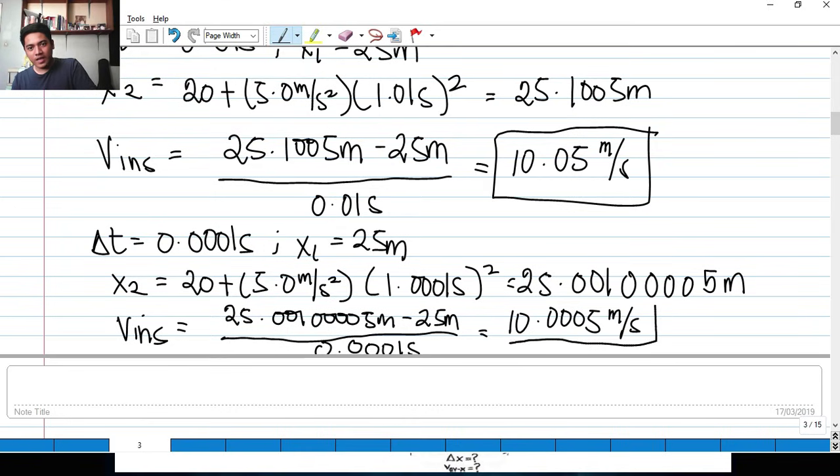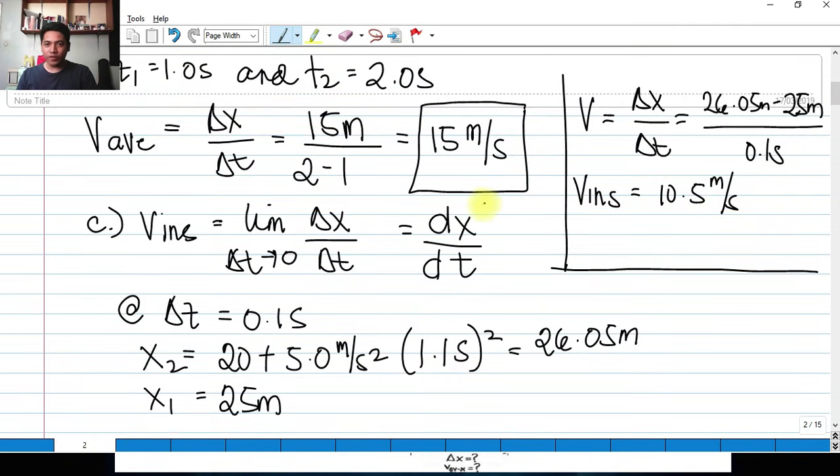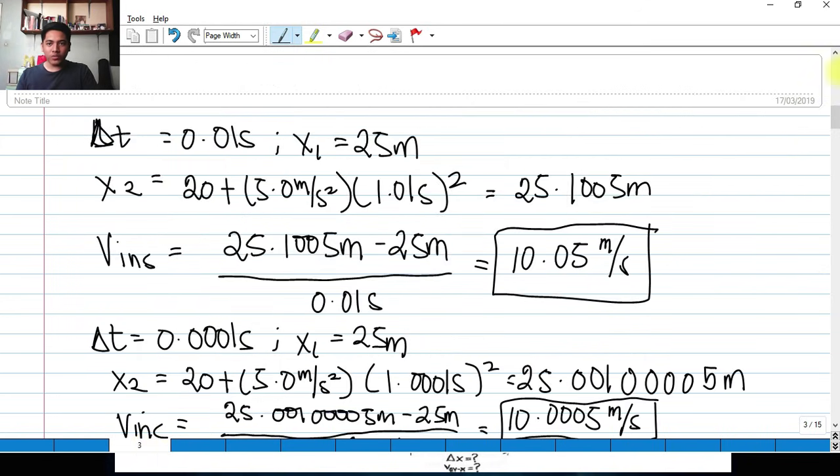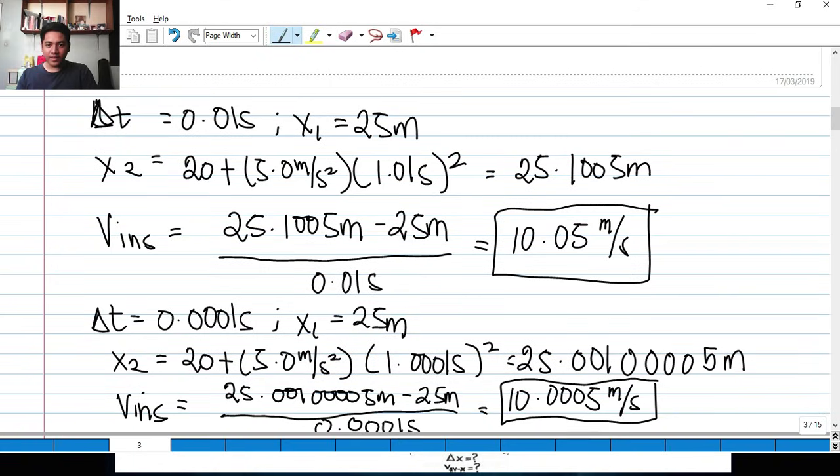As you can see, as delta t approaches 0, we have a value that is approaching 10 meters per second. Here we have computed 10.5 as our instantaneous velocity, but as delta t approaches 0, it approaches a value of 10.